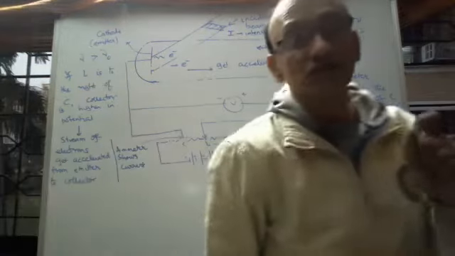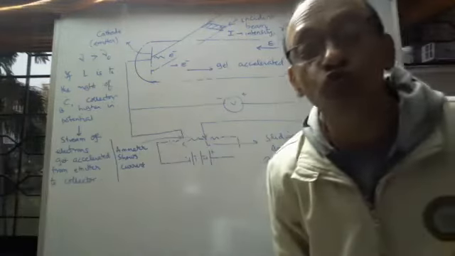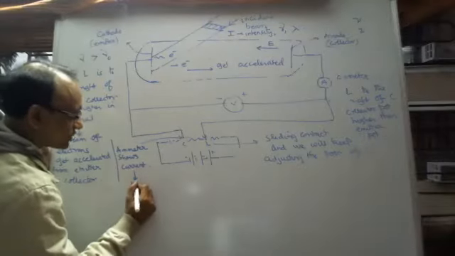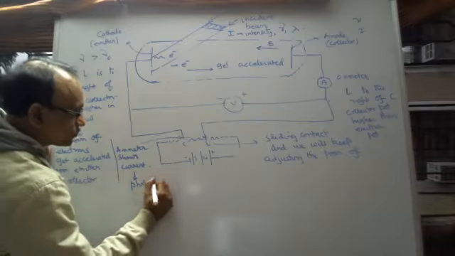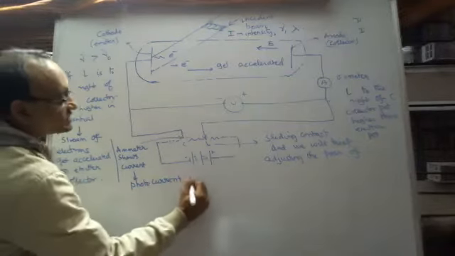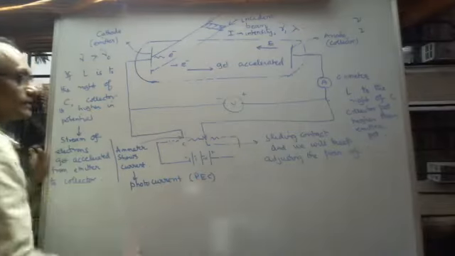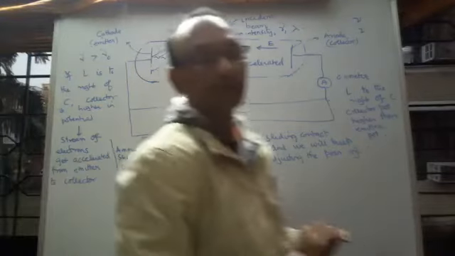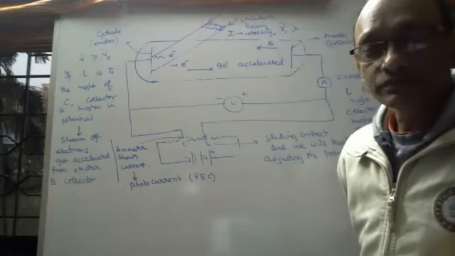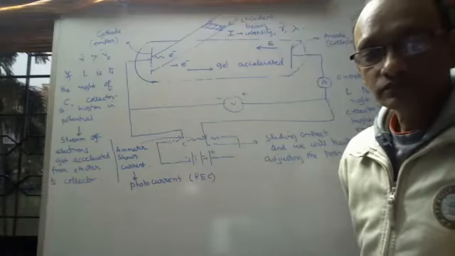This current flowing in the circuit is called a photocurrent. Sometimes they call it photoelectric current, also called PEC, photoelectric current or photocurrent, I.